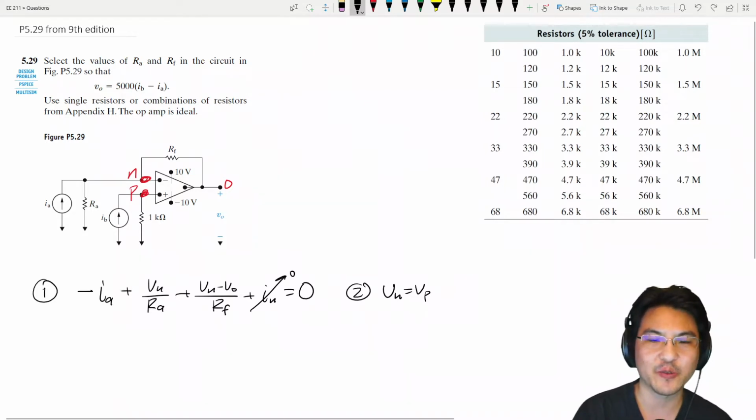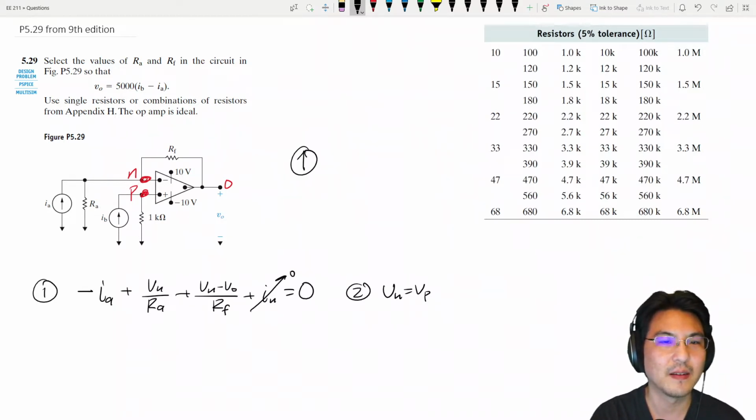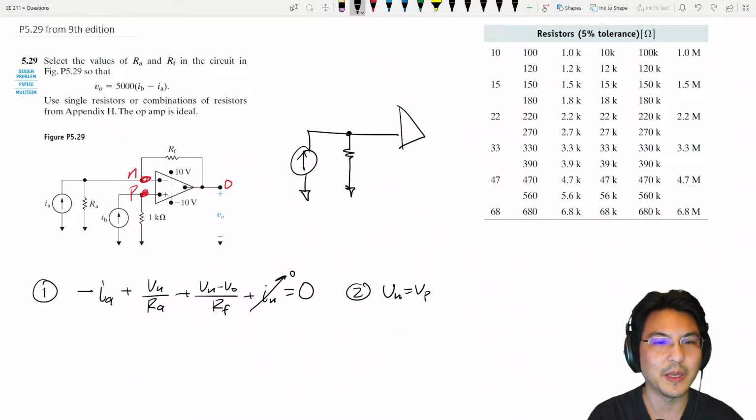Okay, so that is relevant because now that I'm looking at this circuit right here, maybe let me just draw that. Okay, so this is IB, and then whatever current is going this way and whatever current is going this way, right?